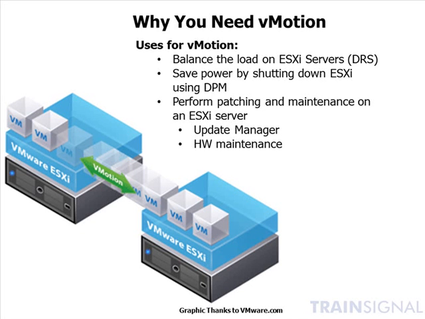In fact, this is done with VMware's Update Manager, or VUM as they call it, whenever you perform an automated patching operation across multiple ESXi servers. No matter what your use case, vMotion is one of the most powerful features of vSphere because it keeps servers and applications up and running for the end users so that you can do what you need to do as a VMware administrator without causing downtime for the end users.